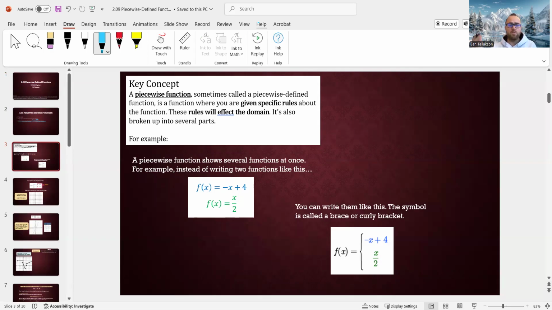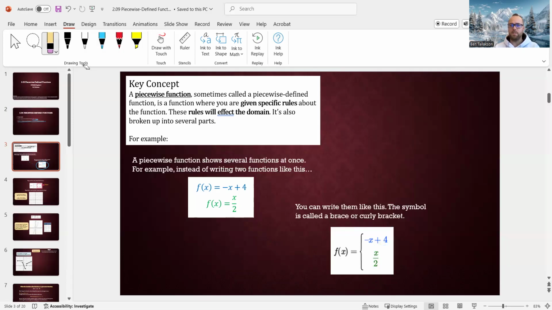Just looks like two different functions to me, right? And you're right. When it comes to writing piecewise defined functions, what you're going to find is we're going to see multiple functions put together in the brace. So basically, this is a shorthand way of writing this. Okay, so we're only going to write f of x once.